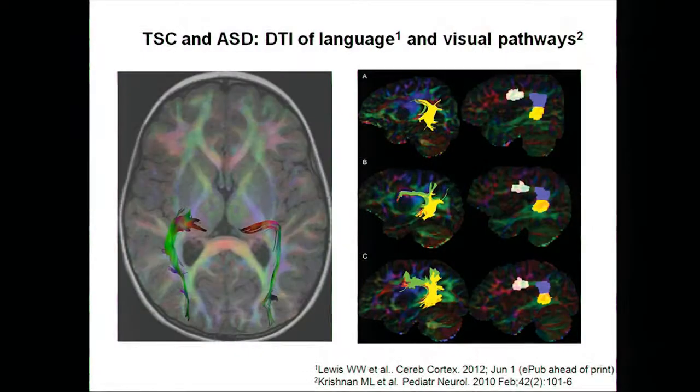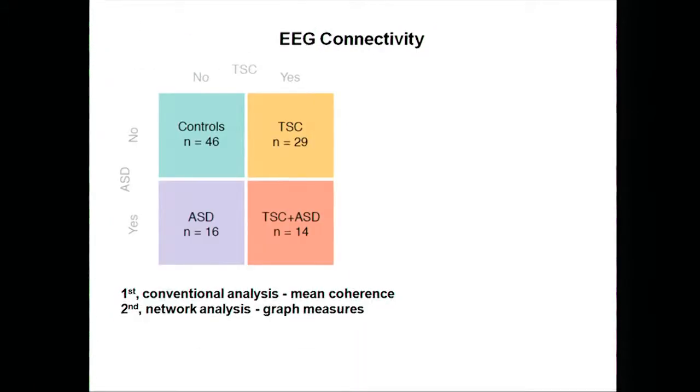So, going back a little bit, we showed similar abnormal microstructure of the arcuate fasciculus, a white matter pathway heavily involved in language processing, and also in the geniculocalcarine tract processing visual information, for example, for social cognition.